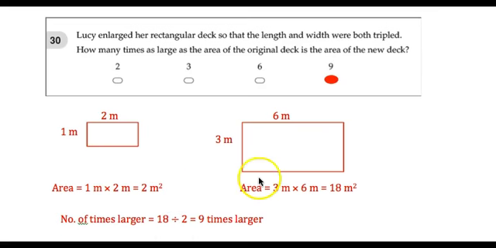So just remembering not to subtract there, but to divide, because, for example, if we say it's twice as large, 2 times 2 would be 4, or if it's 5 times larger, the area would be 2 times 5 is 10. So if you've got 2 areas and you want to see how many times bigger one is than the other, you just see how many of the small areas go into the large area. So we would use division.